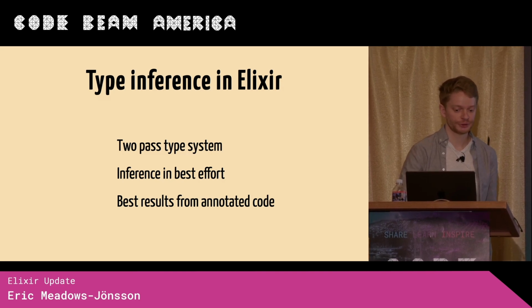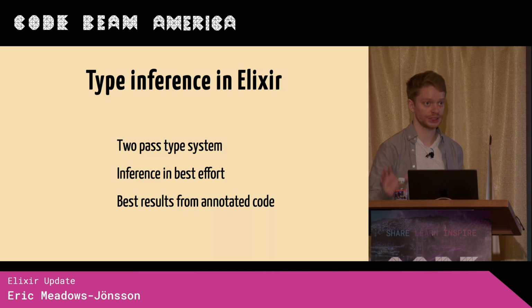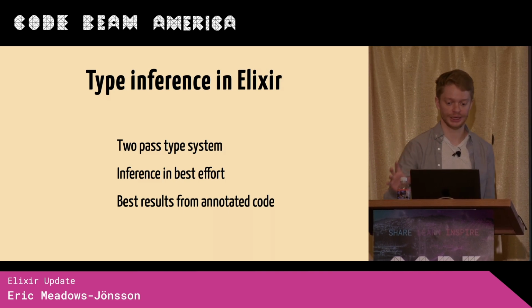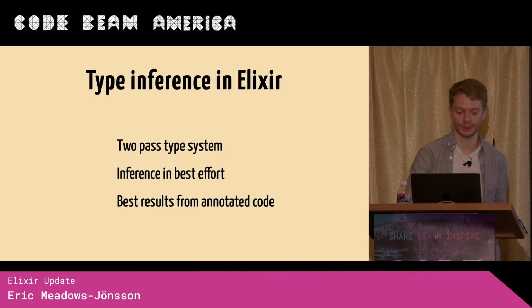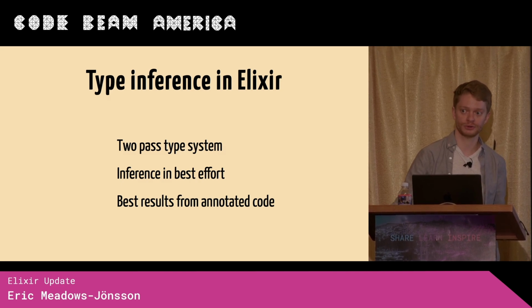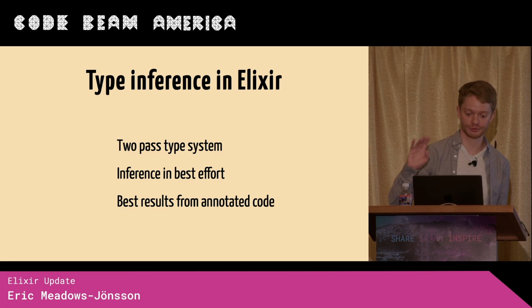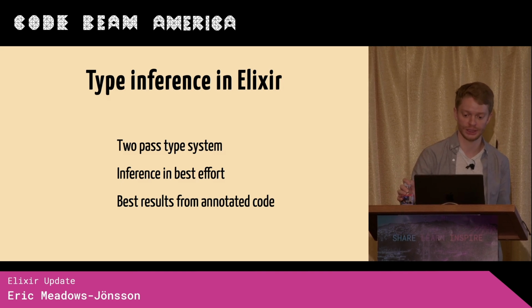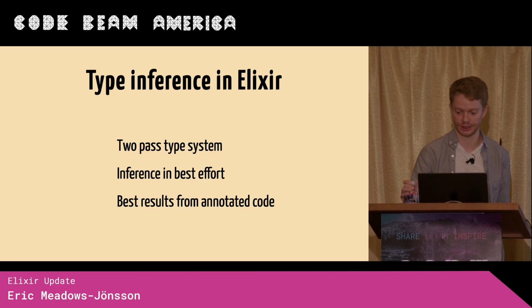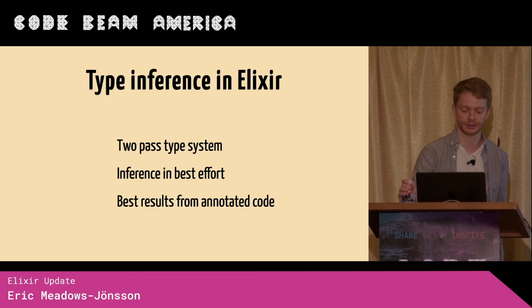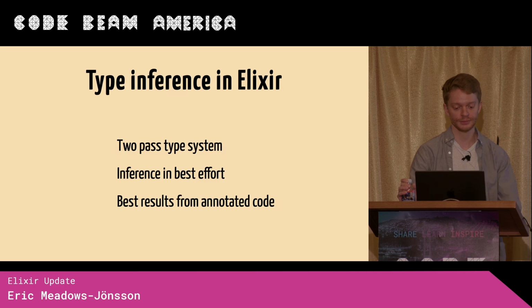But the inference in the first step will only look at function calls inside the current module, and it will only look at function calls to dependencies and the standard library. So it will not infer types from calls to other modules in the same project. And we do this to keep the type system performant.